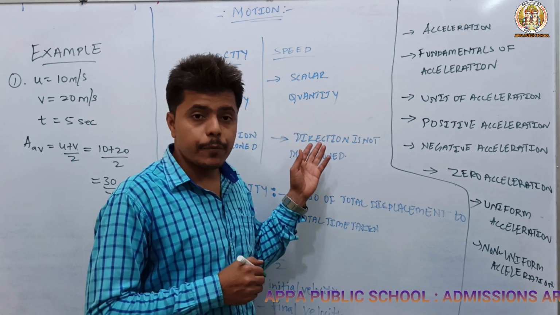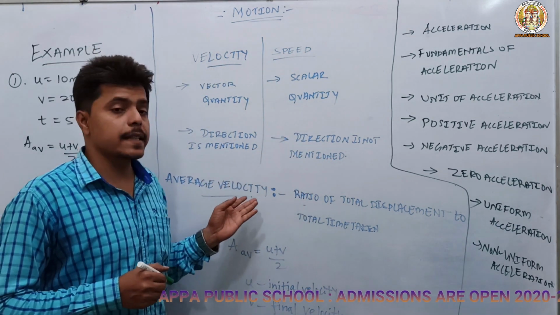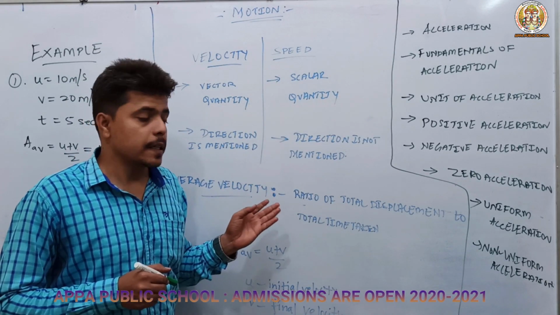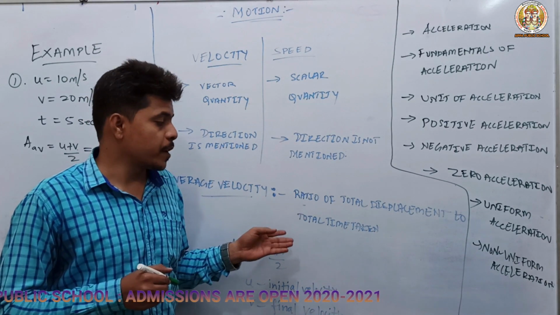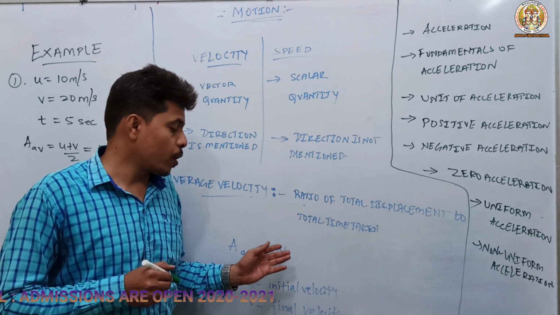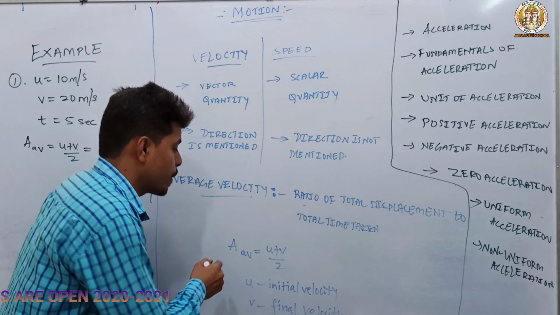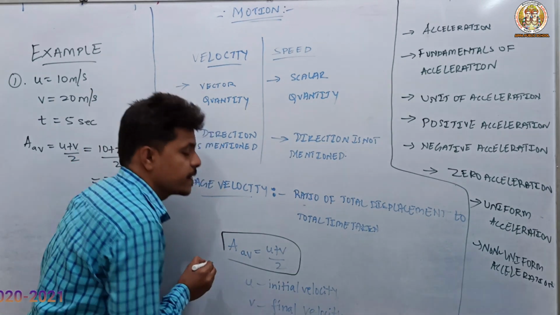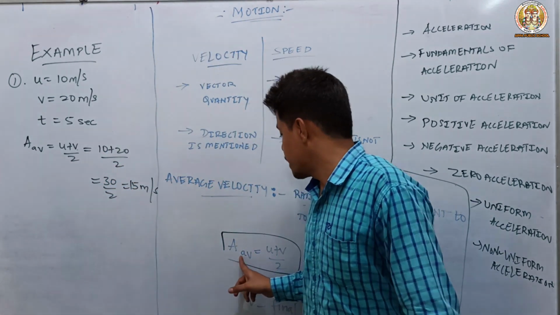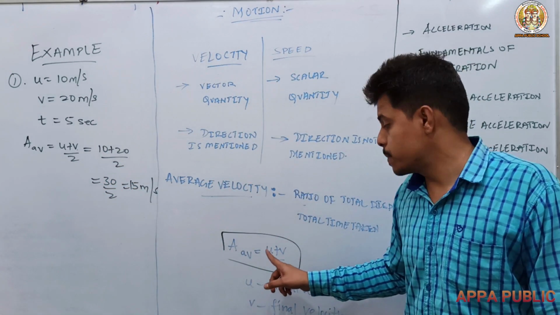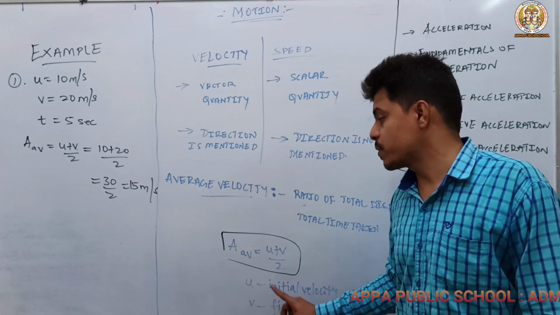So this is the difference between speed and velocity. This is the definition for average velocity, the ratio of total displacement to the total time taken, and this is the formula to solve average velocity problems, where u means initial velocity, v means final velocity.